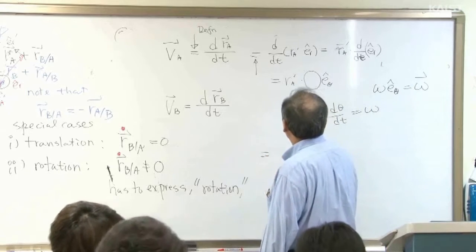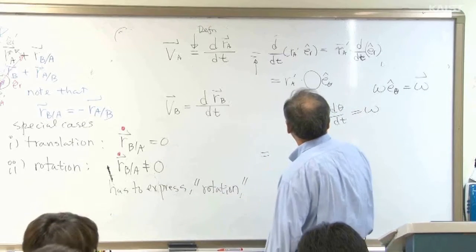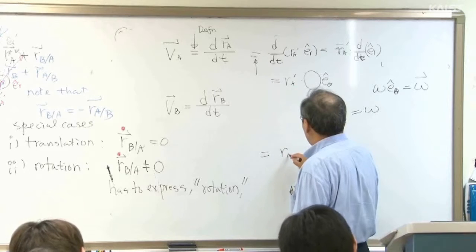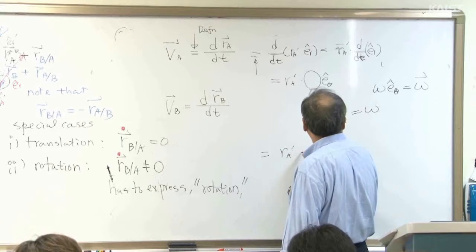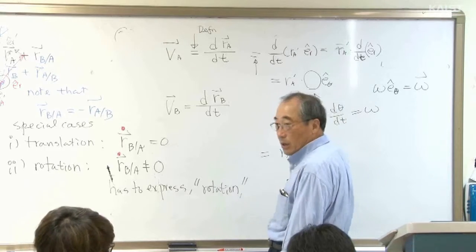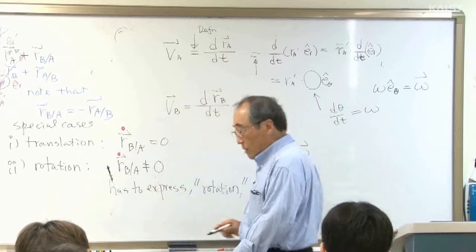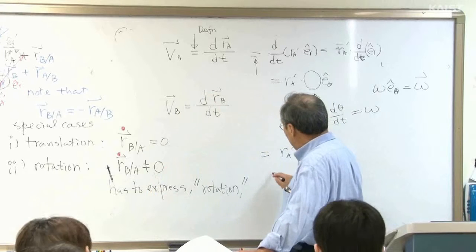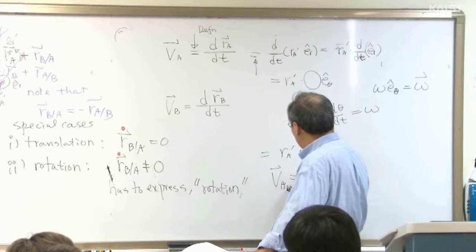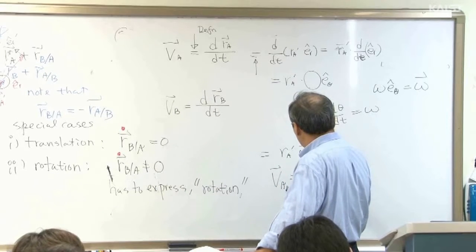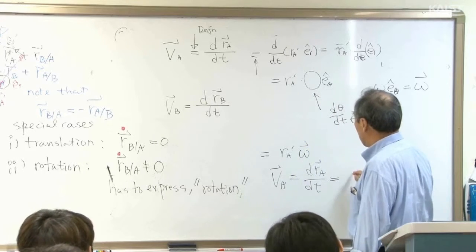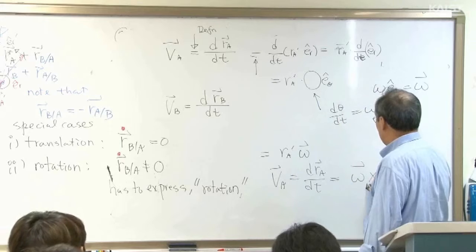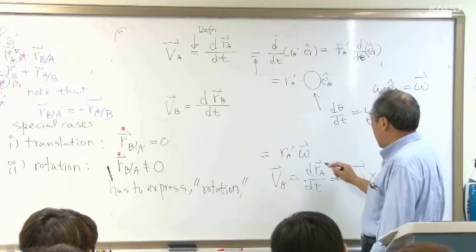Therefore, I can write this as the RA prime magnitude and the omega vector. And I can write VA vector is equal to dRA vector/dt, and that is equal to omega cross product RA prime vector.